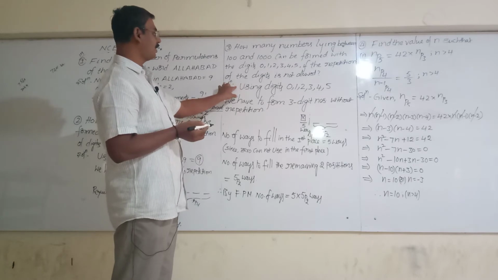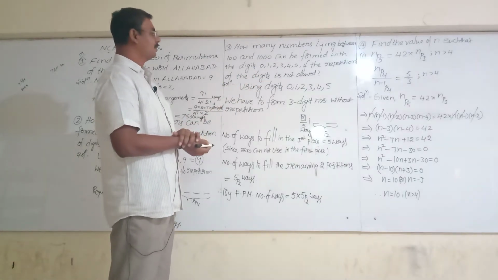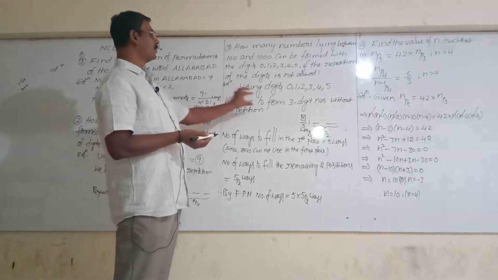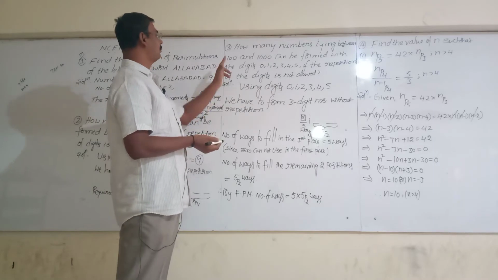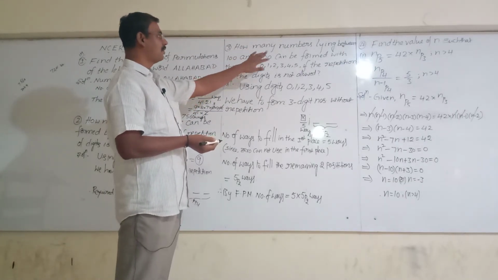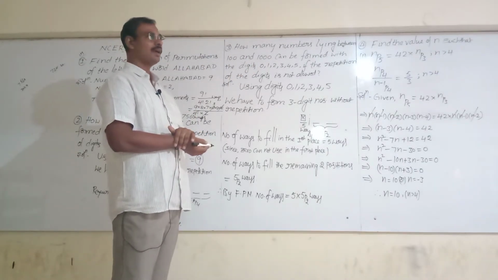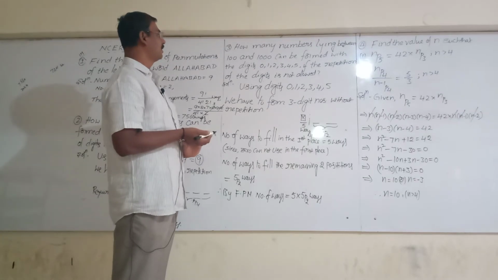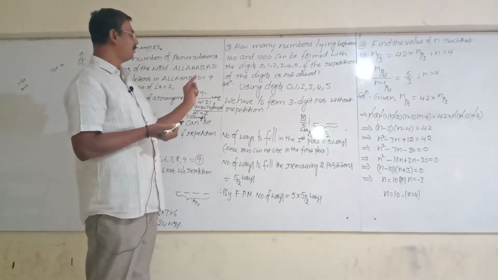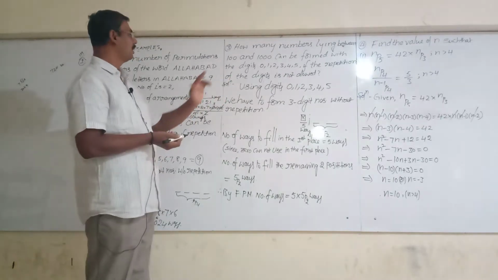Let us take the digits 0, 1, 2, 3, 4, 5. We have to form numbers between 100 and 1000, so only 3-digit numbers. We do not have 2-digit numbers or 4-digit numbers.